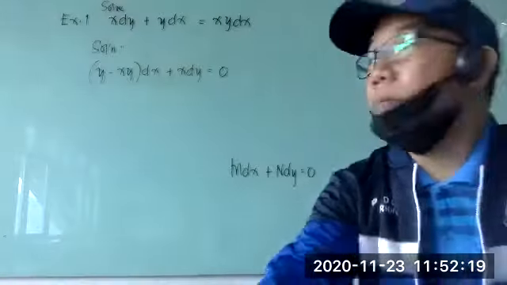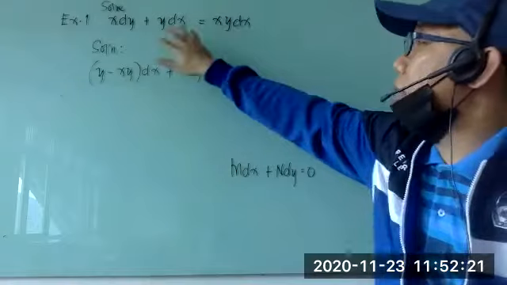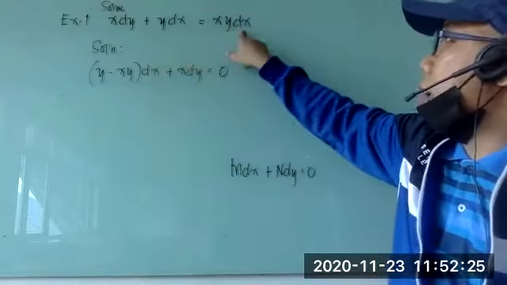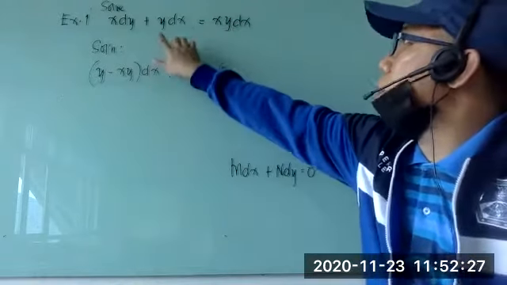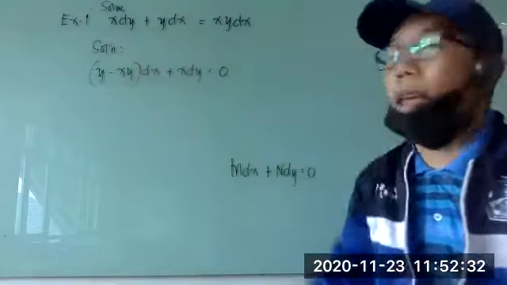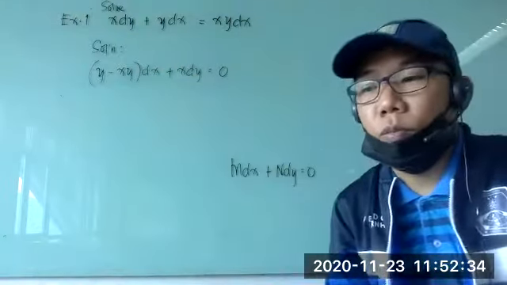Do you follow? Transposing this to the left-hand side will become negative, and then you have the same dx. You factor out dx, so you have y minus x times y, plus, you copy this one, x dy equal to 0.